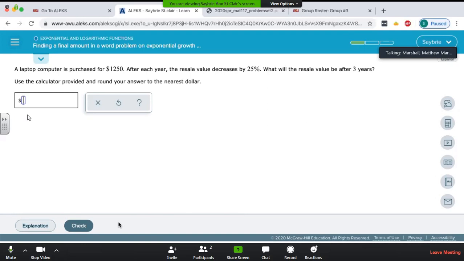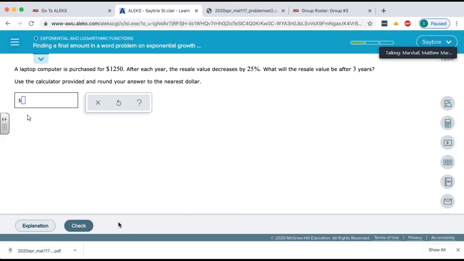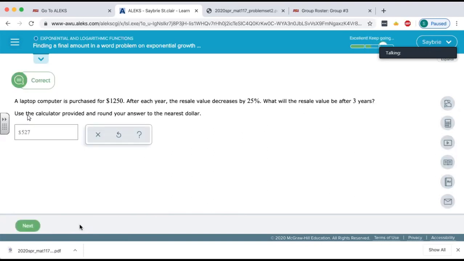And that gives me 1250 times 0.75 to the third. So I get 527. Nearest dollar, so $527, I think. I'm pretty sure on that one.